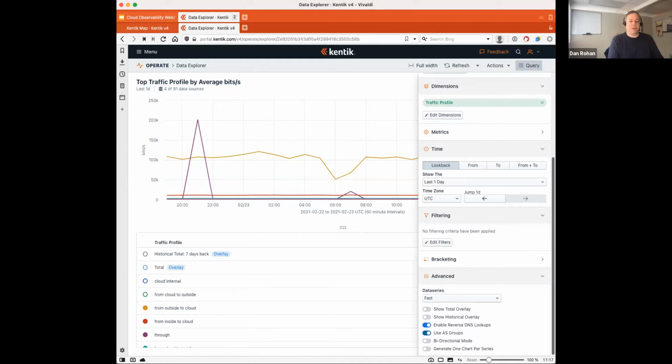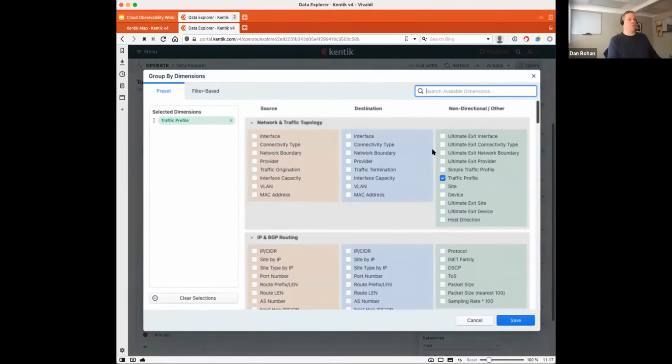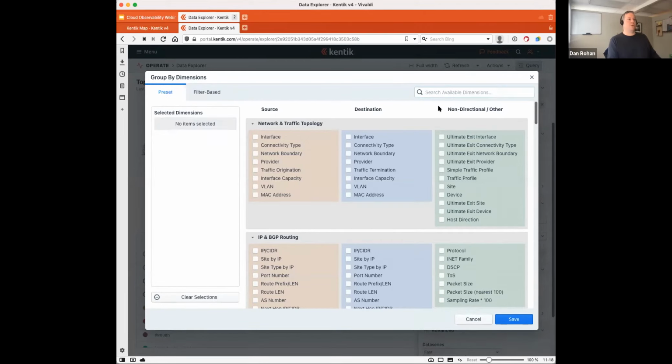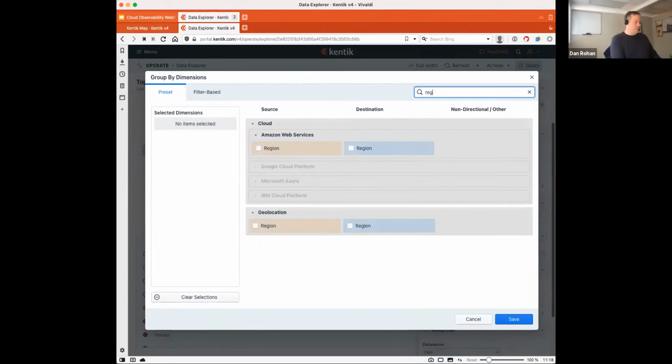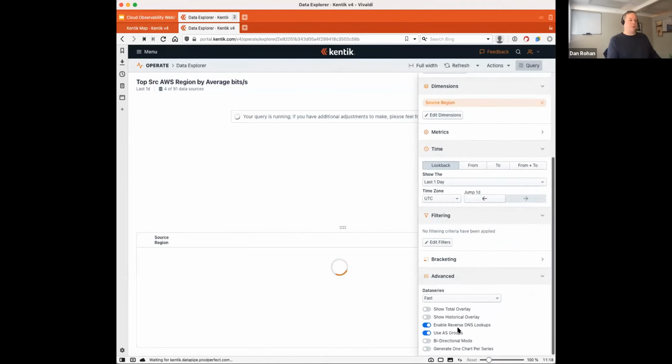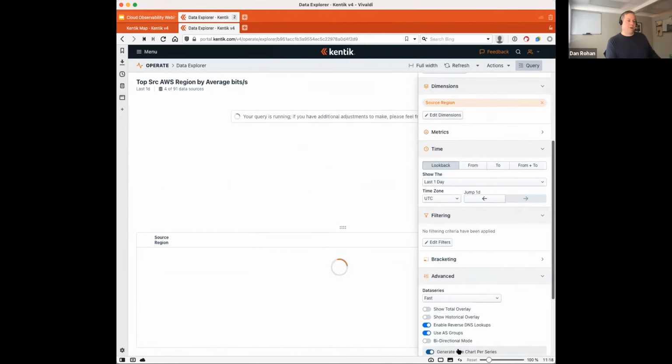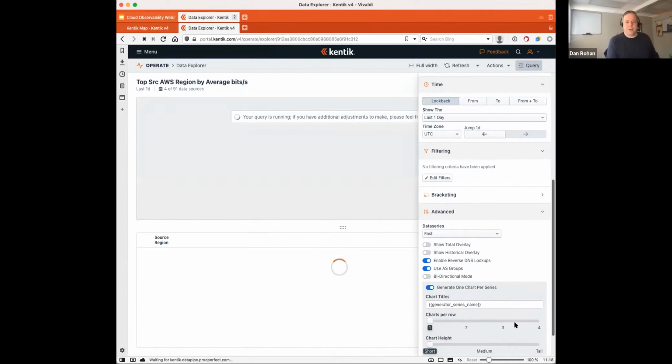So the first thing I'm going to do is scroll to the bottom of this query sidebar. I'm going to choose a new dimension. I'll pick region here because I want to dig into what regions were affected by this outage. So I'm choosing source region. And then at the bottom of this query panel, I'm going to choose this feature that I was mentioning, this generate one chart per series.